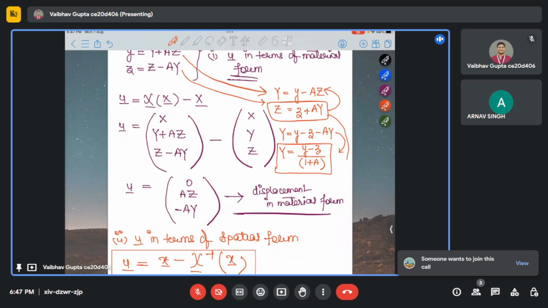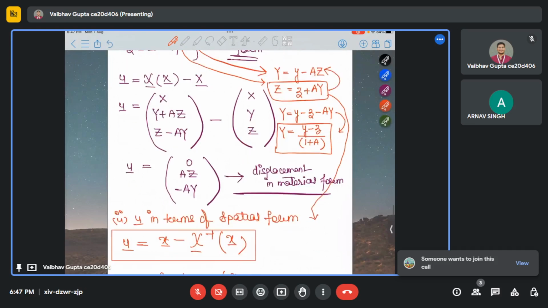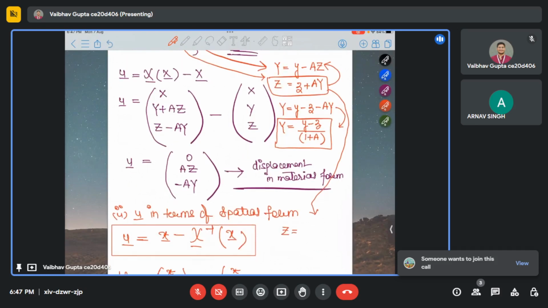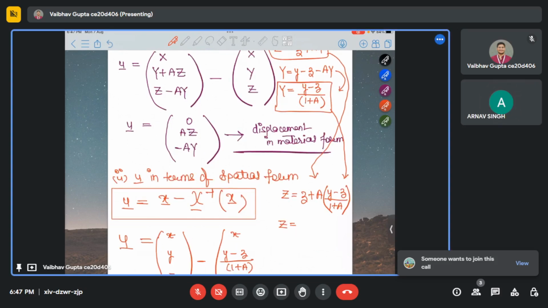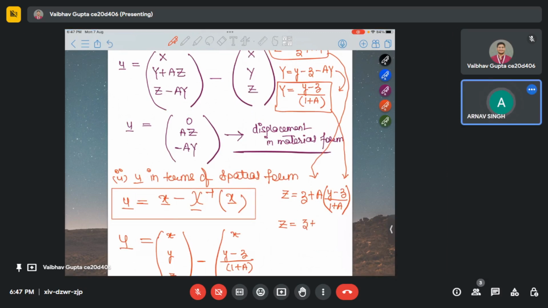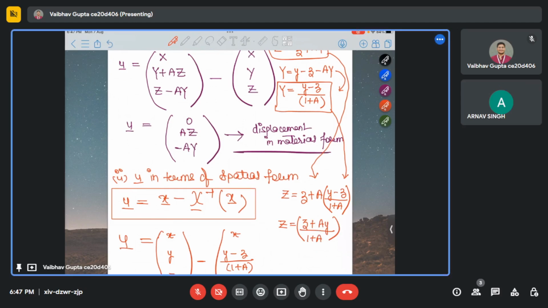So now we know capital Y, so we'll put the value of capital Y in this equation, a into small y minus small z upon 1 plus a squared. So now what does capital Z become? Small z plus aY. Do you get this thing?